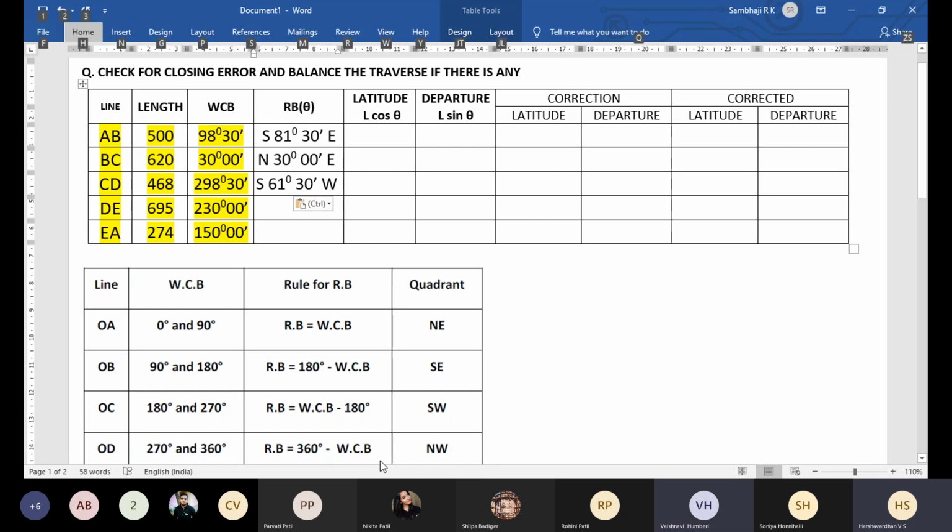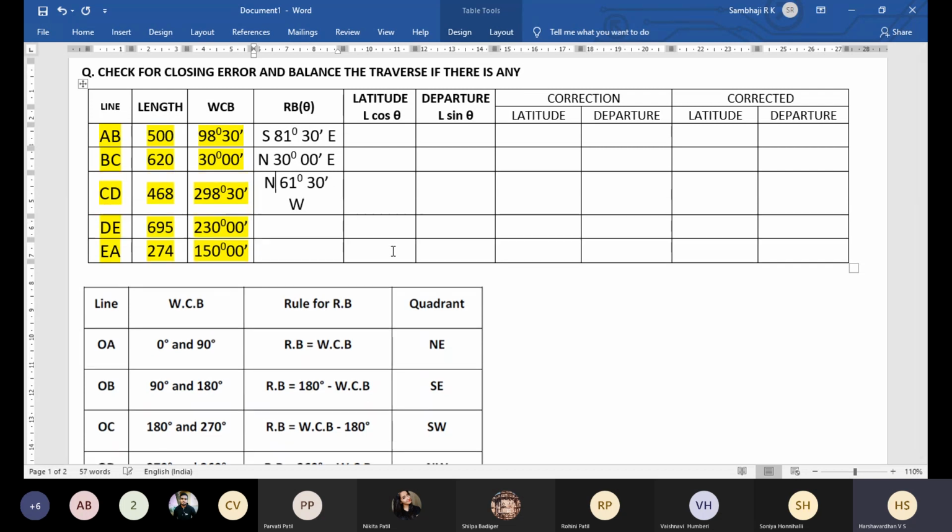It lies in the fourth quadrant, so north 61 degrees 30 minutes west.